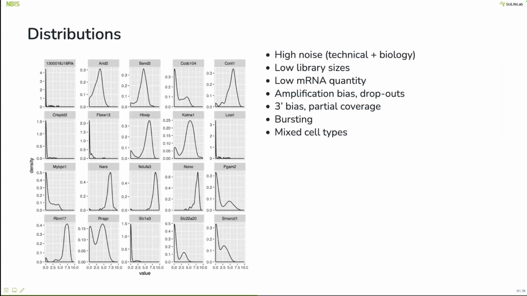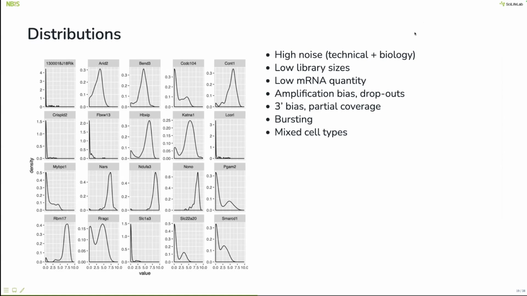It is a bit hard to know which distribution to use because the genes tend to have different distributions, and this will be based on a number of different factors. It can be noise, but it can also depend on differences in libraries between cells and how deep you sequenced.